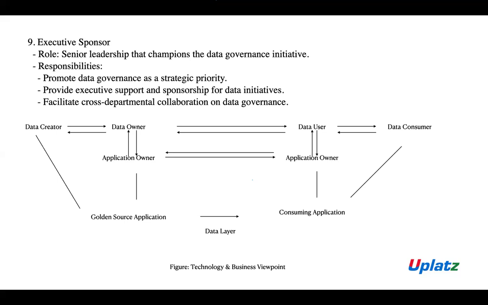We have seen this diagram from the technology and the business viewpoint. The upper one is the business viewpoint, as there are data creators, data owners, data users, and the below one is the technology viewpoint, which is the golden source application and consuming application. So 50% of the diagram shows the technology viewpoint, and the above 50% shows the business viewpoint.